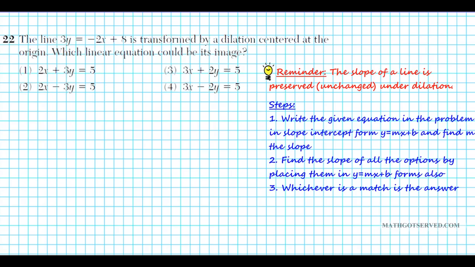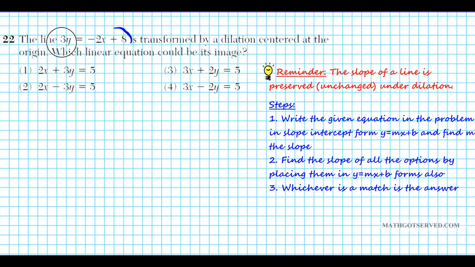So the line that is the image is going to have the same slope as the original, the same slope as this line right here. Okay, so keep that in mind.